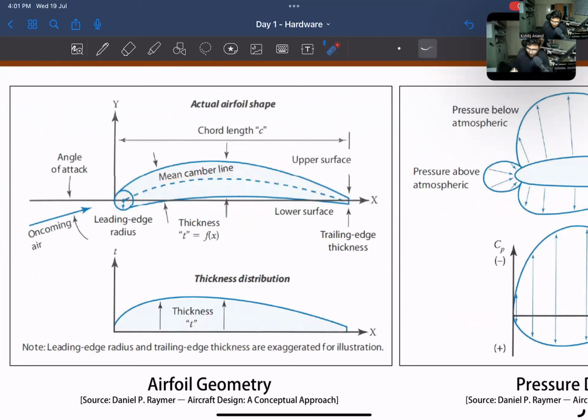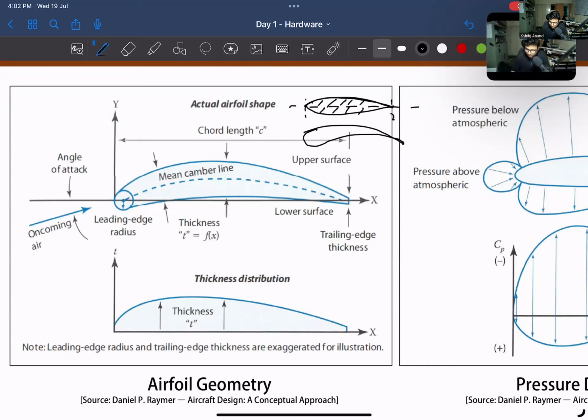Before I talk about this, I want to tell you that an airfoil can be shaped like this and an airfoil can be shaped like this. This one is almost symmetrical along its chord. The line joining the leading edge and the trailing edge is called the chord. So it is symmetrical on the upper half and the lower half.